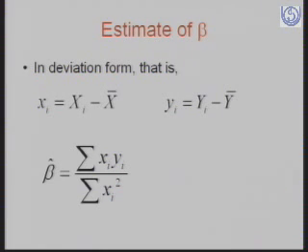We are minimizing that. It is called ordinary least squares because it is the simplest linear model involving two variables only. So it is called ordinary least squares, or the OLS model.